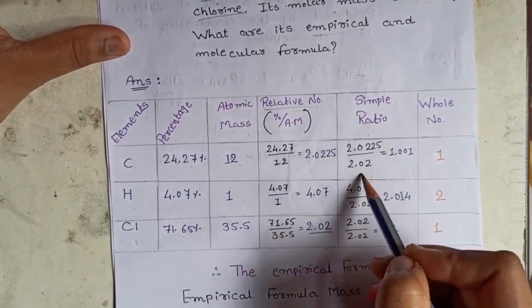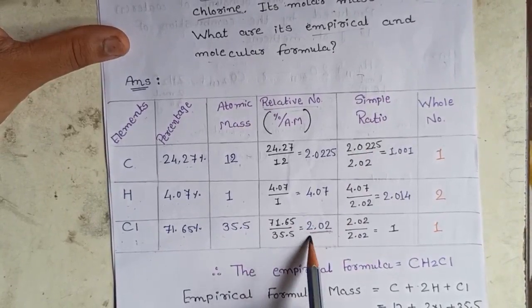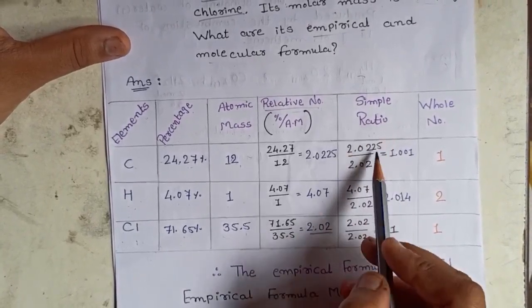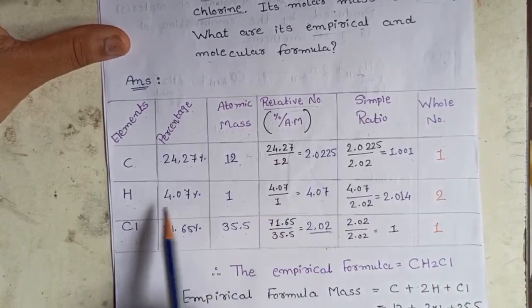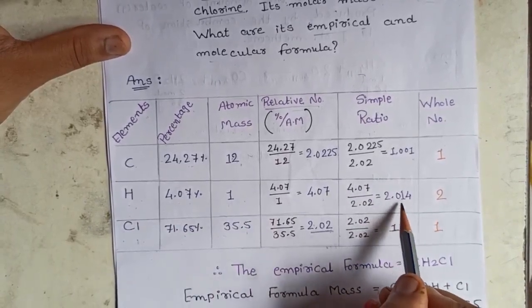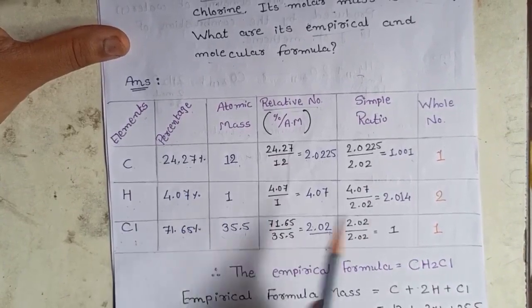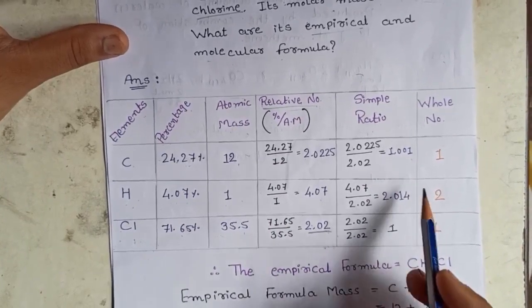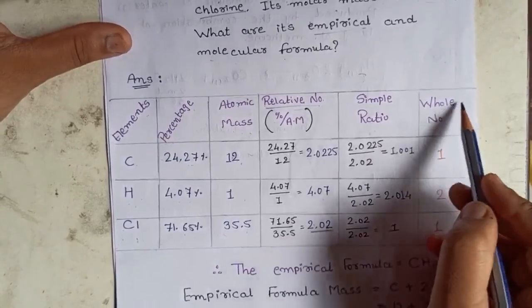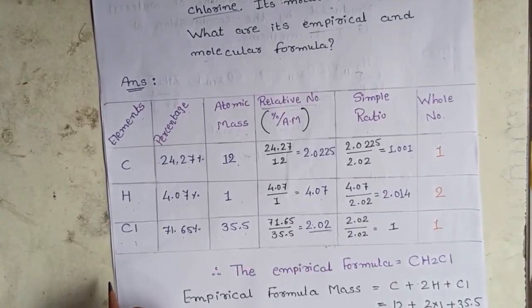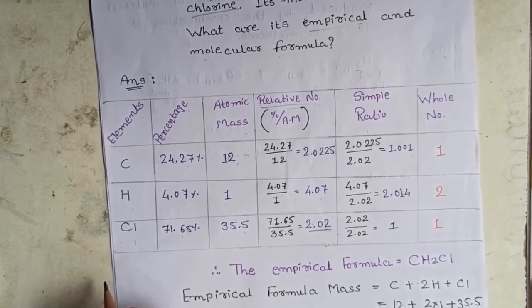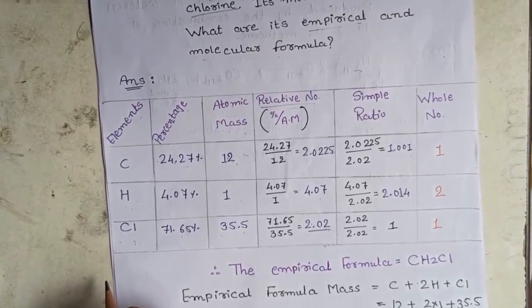If you divide all terms by 2.02, you will get a simple ratio for the carbon of 1.001. For the hydrogen, it will be 2.014, and for the chlorine, it will be 1, right? From this figure, you can write a whole number, because always in a compound, elements are present in whole numbers, not in fractional numbers.